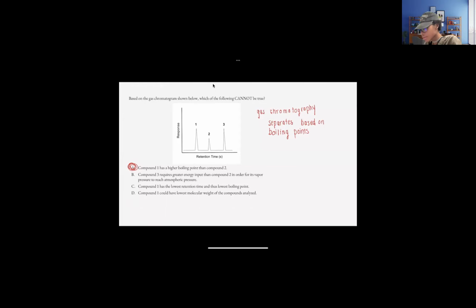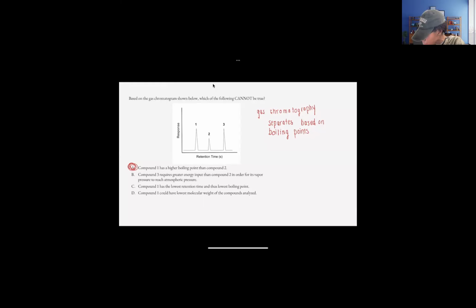Gas chromatography, very fortunately, you can just do it once because of the fact that we're going to have this retention time in response. Essentially, we're going to see how long it takes for the solution to boil out, meaning that the lower the boiling point, the lower the retention time. So the faster it'll boil out, the lower it was retained.